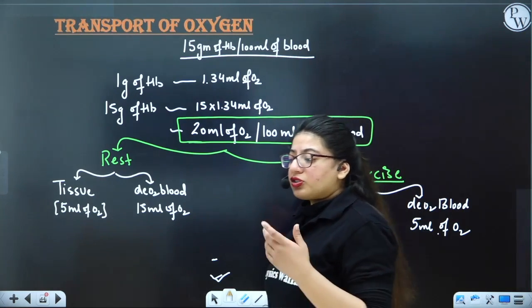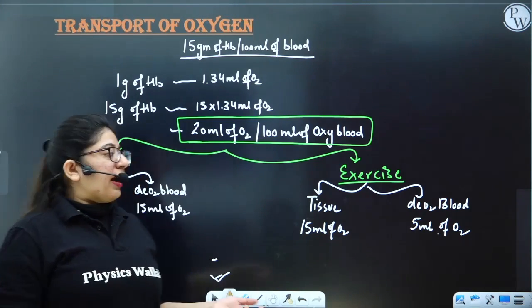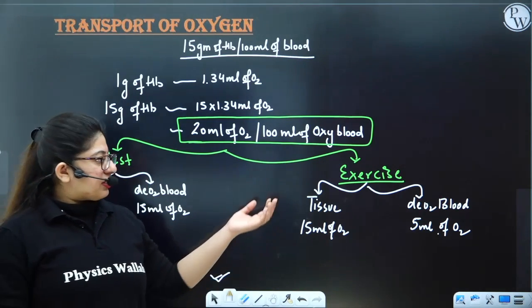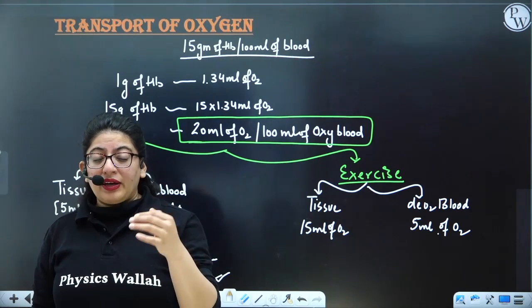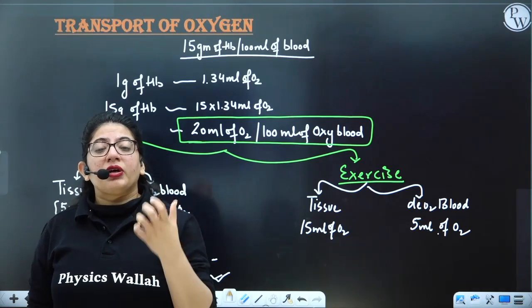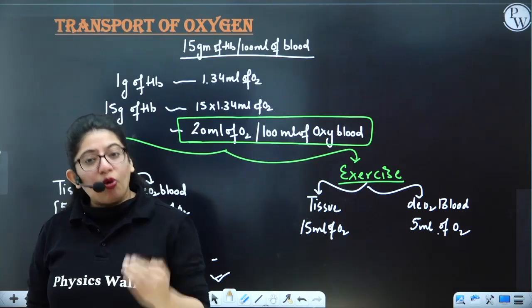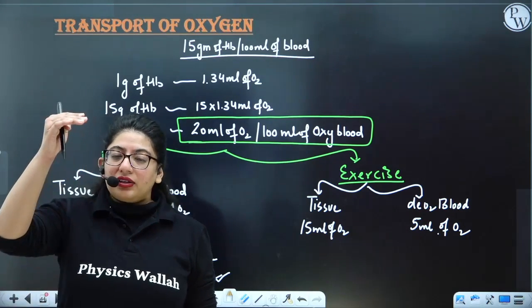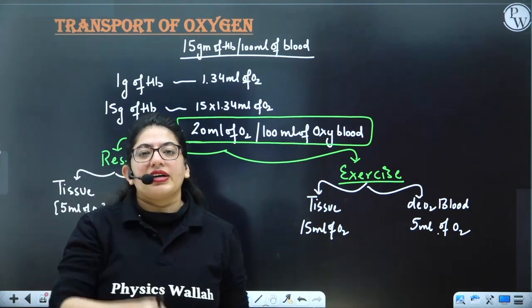So this is how the distribution goes according to the needs of the body. And there can be another reason. When a person is exercising, they will also be producing a lot of CO2 and consuming a lot of oxygen. As a result, the partial pressure of oxygen will be much lower in the tissues and higher in the blood. So from high to low, the more the partial pressure difference, the more the gases will move in.